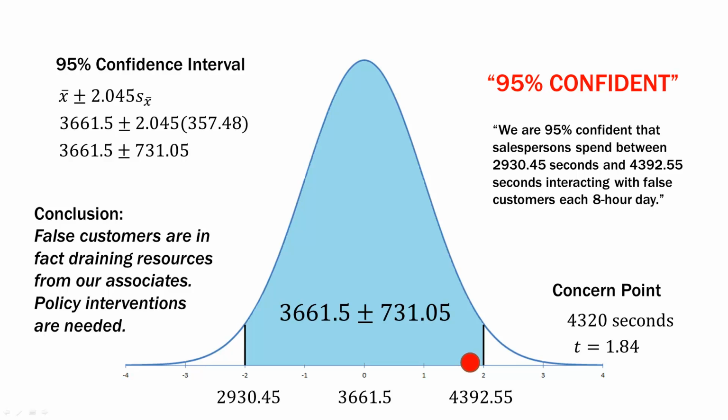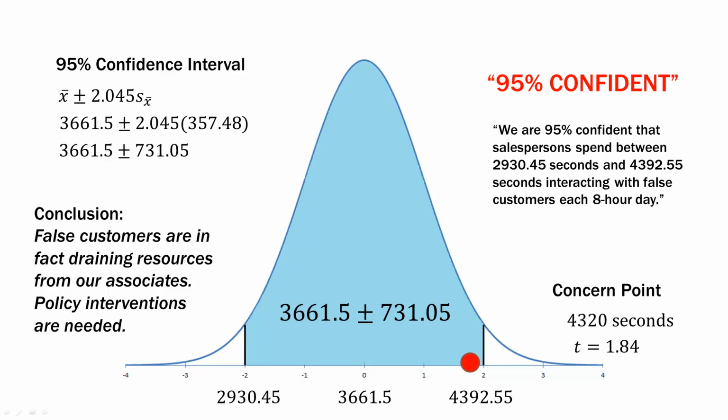We took a sample, and based on that sample size, we found the t-statistic, we found the standard error, and we used that to construct a 95% confidence interval for the population mean of all sales associates. We found that interval, and then we learned that it contained the point of concern that we are interested in. What we said is that if this point is not within this interval, then we're not really concerned.